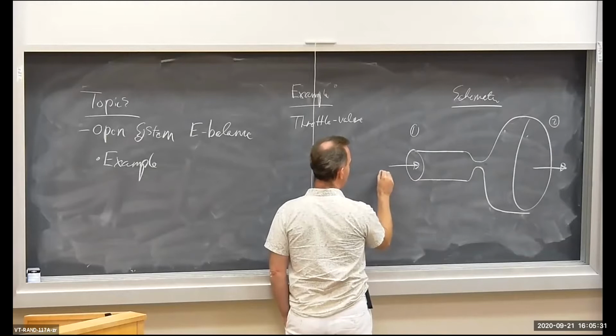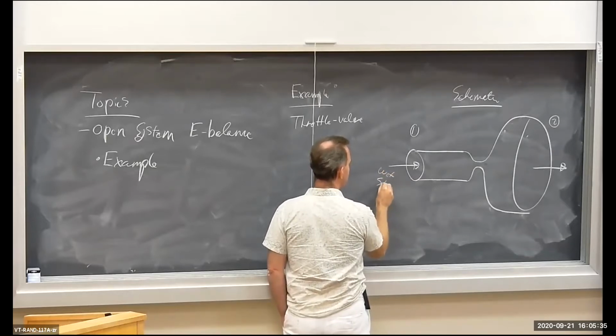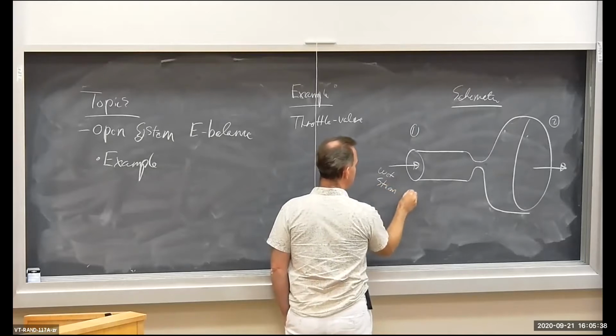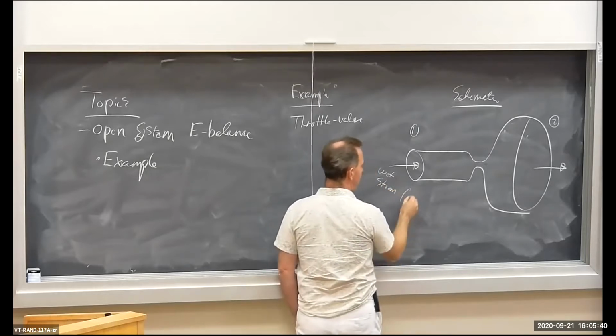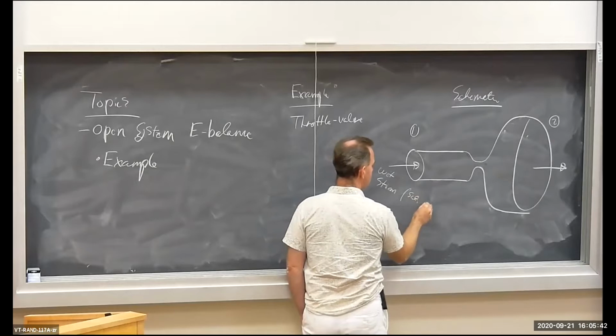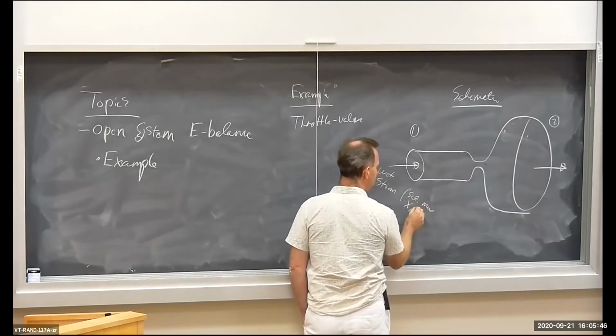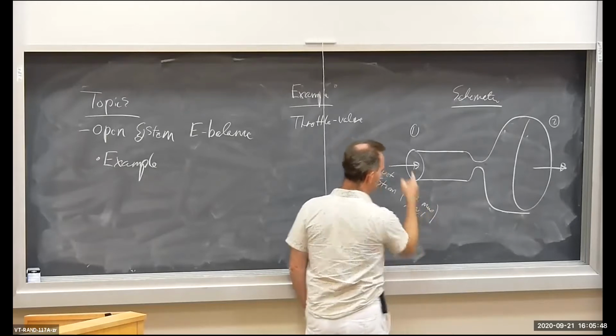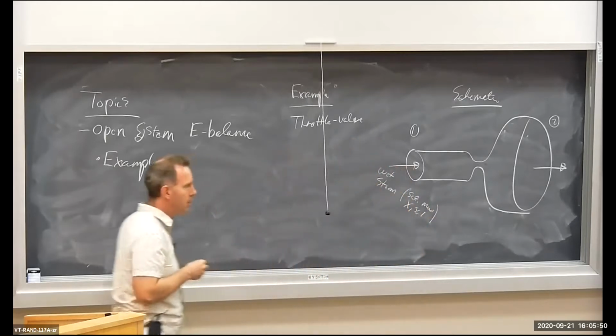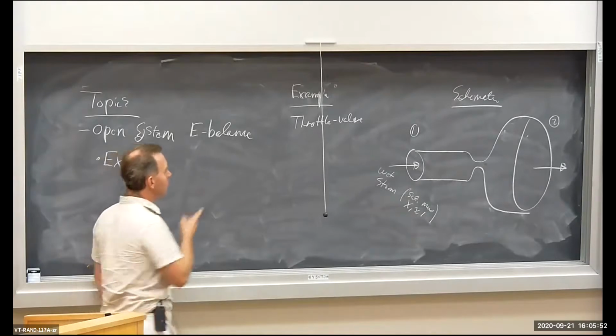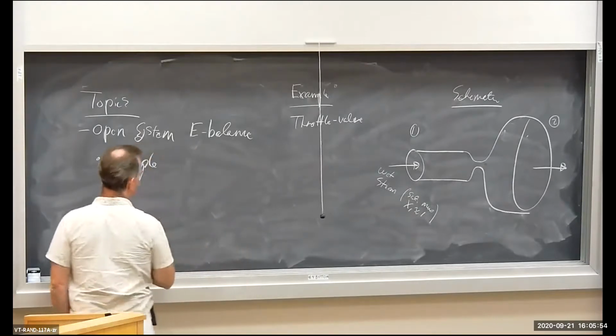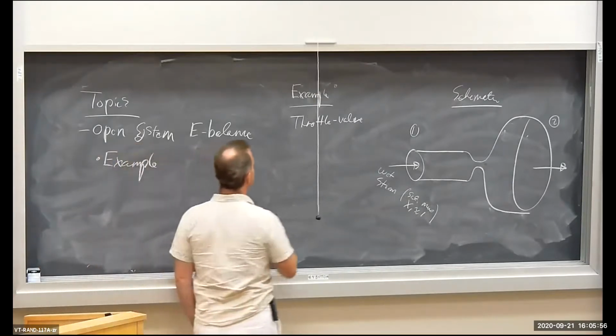At location 1, we have what's called wet steam, in other words, a saturated mix with some quality X1, typically very close to 1. So we've got wet steam coming in from the left-hand side of my throttle valve.